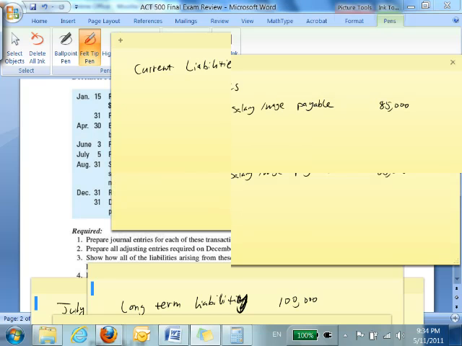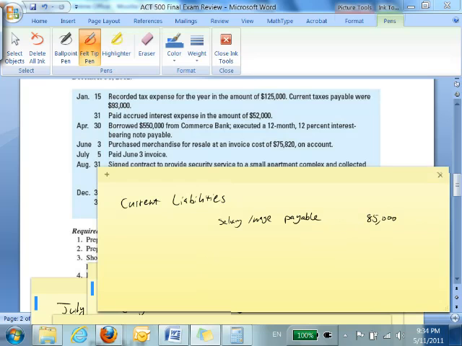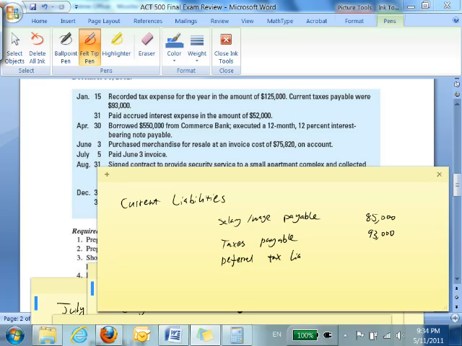And okay, the first one, current tax payable was 93,000. So we have taxes payable, 93,000. And we also have deferred tax liability, $32,000, from the first transaction, the January 15th transaction.